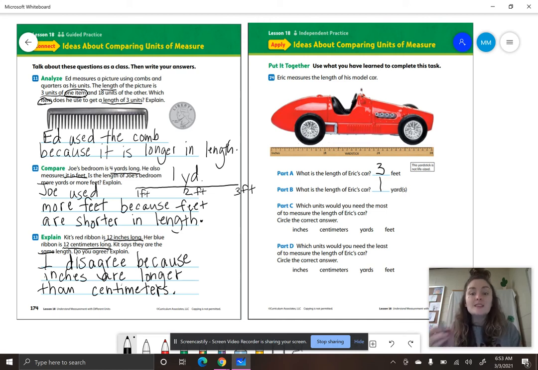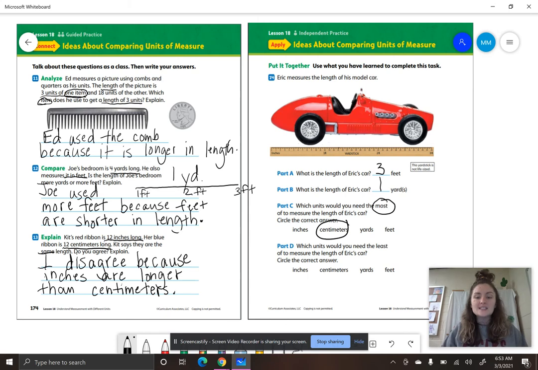So if you need the most of, that means you're thinking about the smallest unit. Go ahead and circle which unit of measurement is the smallest. Centimeters, right? Just like we looked at for number 13, centimeters are shorter in length than inches.